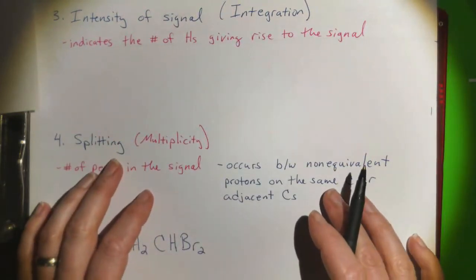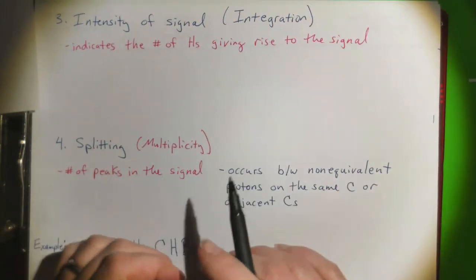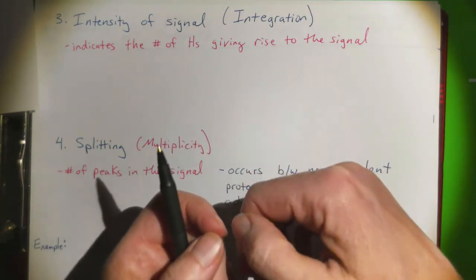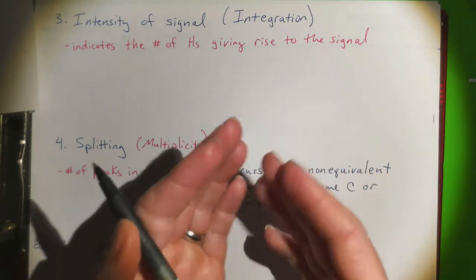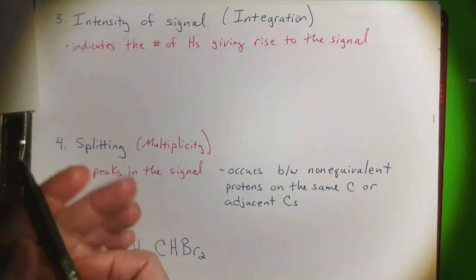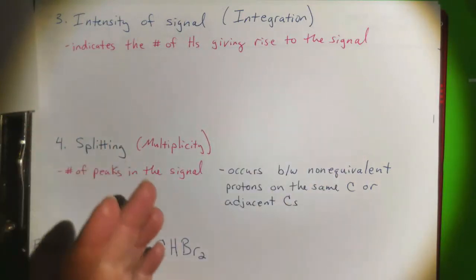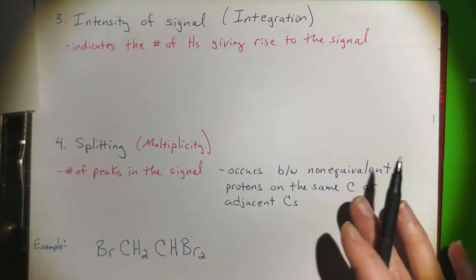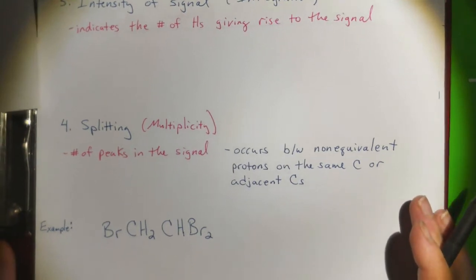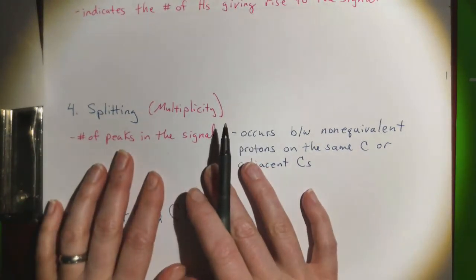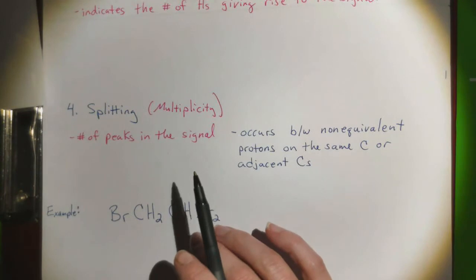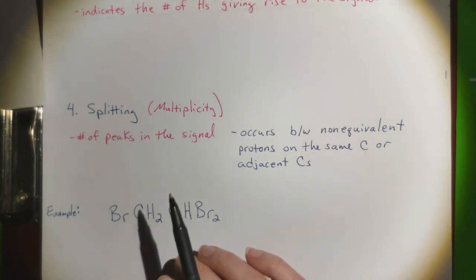And in the laboratory, before you could do it on the computer, you would literally cut out the signal and weigh it. You'd weigh all of the signals on paper and then figure out the integrations. That's a little extreme. I'm not going to have you do that. So we're going to move on and talk next about multiplicity.